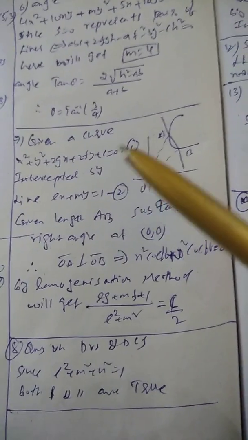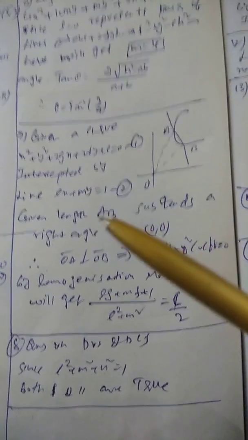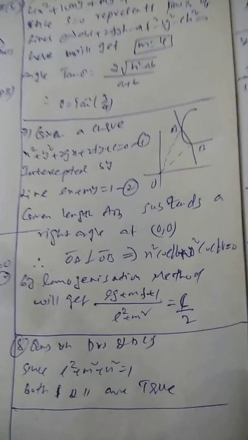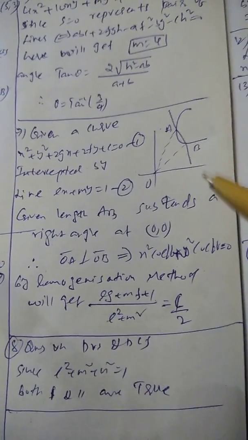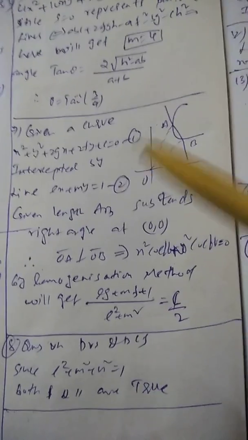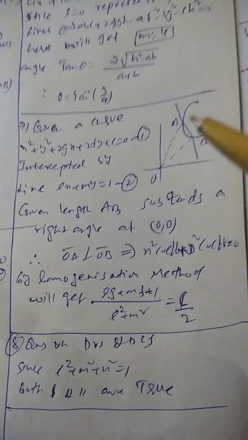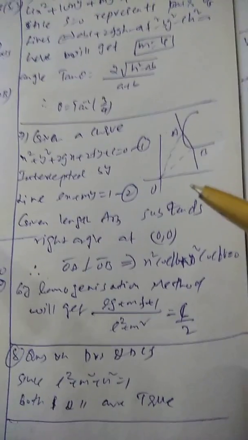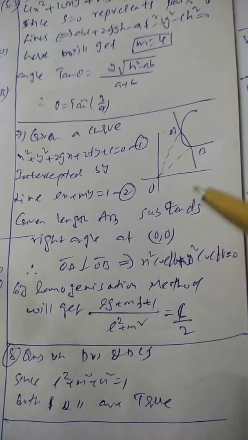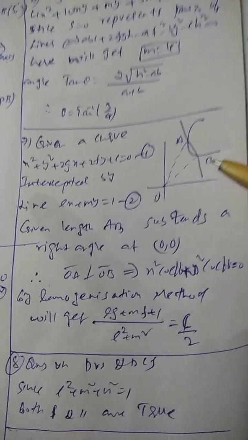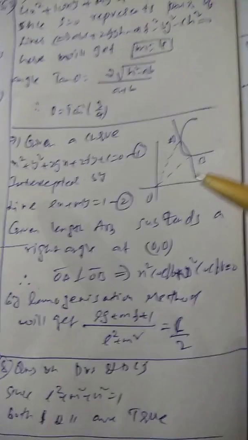Now, one question from the pair of lines. Given one curve equation which is intercepted by one straight line Lx plus My is equal to 1, and given the length of AB, this line intercepted at 2 points A, B, and the intercepted line subtends a right angle at the origin (0, 0). So indirectly this is a question from homogenization.